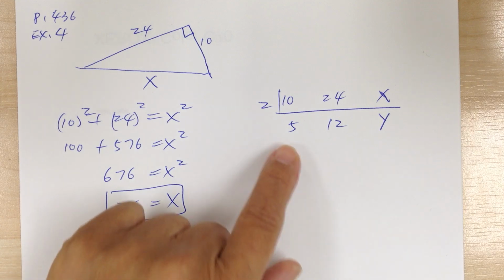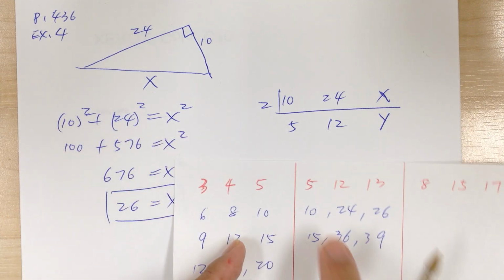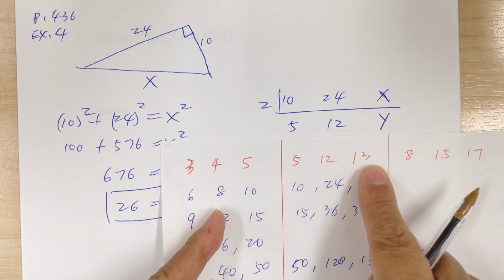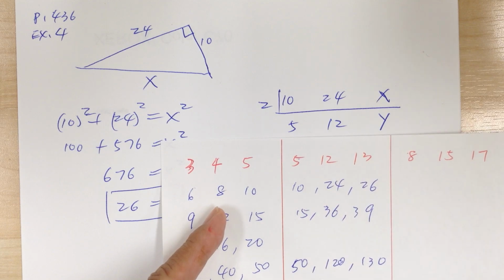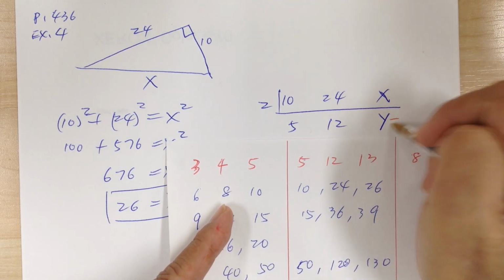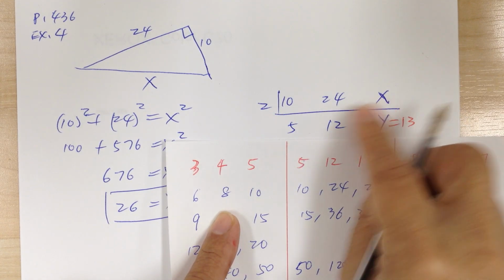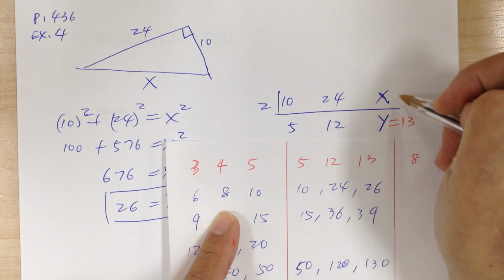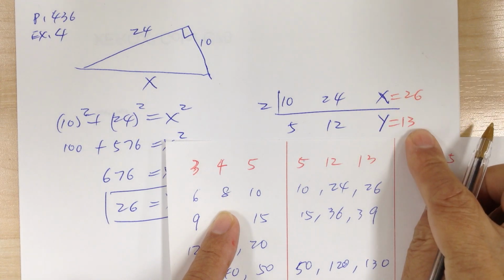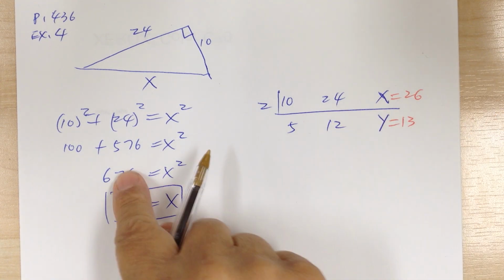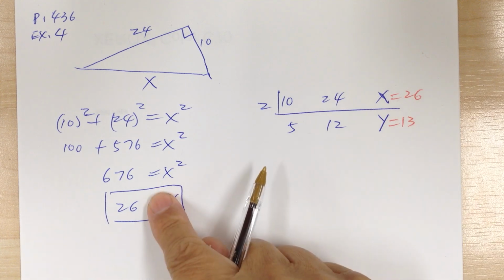If you recognize your triple, it's 5, 12, 13. So y has to equal 13. Now you go backward: you factor the 2 back in, so x has to equal 26. That's how you can do it very quickly, and without a calculator.